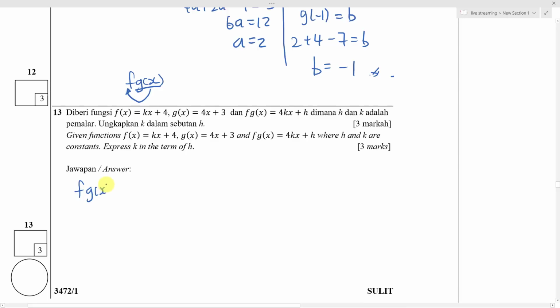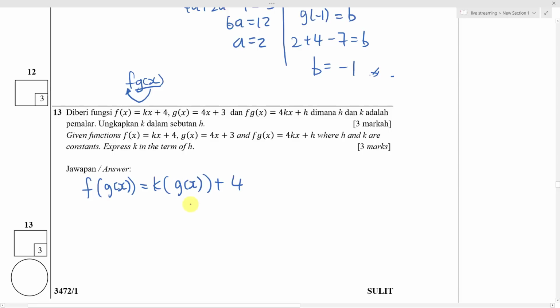Fgx, I write step by step, because some students cannot see. Fx equals to kx plus 4. What is happening right now is I'm changing my x into gx. So I erase my x, I change to gx, I change to gx, I change to gx.